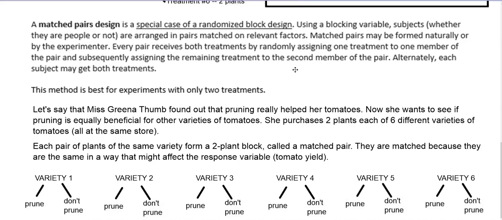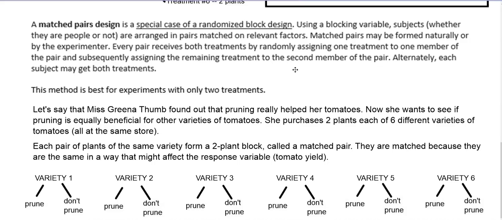Or the experimenter might group together subjects that are similar in some way. Every pair receives both treatments by randomly assigning one treatment to one member of the pair and subsequently assigning the remaining treatment to the second member of the pair. Alternately, each subject may get both treatments, and we'll talk about one of those examples later. This method is best for experiments with only 2 treatments.